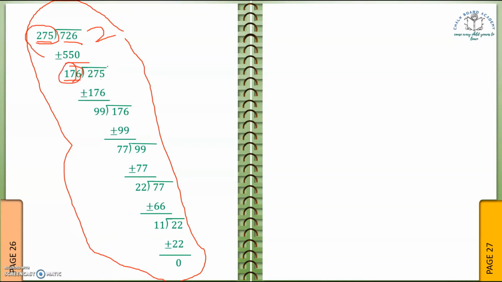While dividing, it can only be multiplied by 1, so that it is smaller than 275, and after doing this I got 99 as the remainder. Now this remainder, 99, we use to divide 176. Again I take only 99 multiplied by 1, because 99 into 2 is greater than 176. So here I get the remainder as 77.